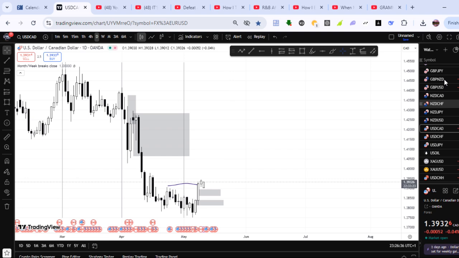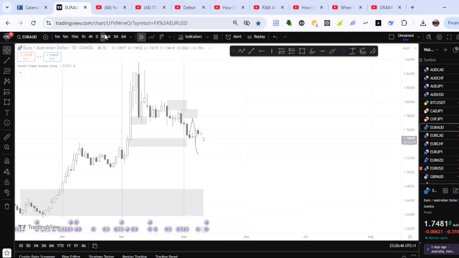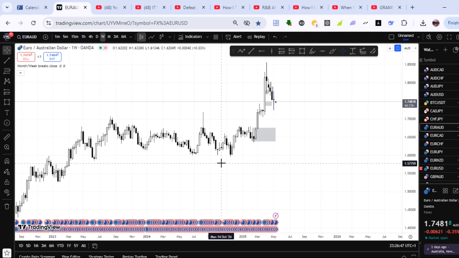Due to the euro's weakness, I'm looking at the EUR/AUD shorts from the weekly time frame. I have this point as my breakout structure. So this is a traditional supply and demand.